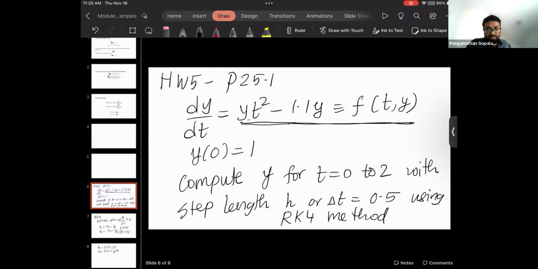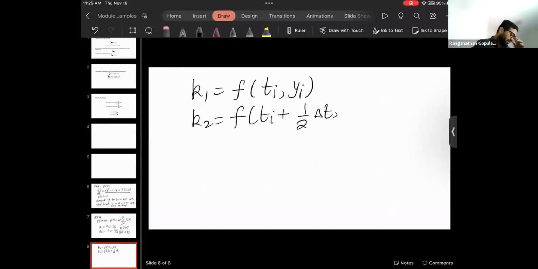So unlike the example we did in class, which involved only x on the right hand side, now we have a function which involves x, that is time, the independent variable, and y, the dependent variable. So this will be a little bit different from what we did during the example in class. All right.